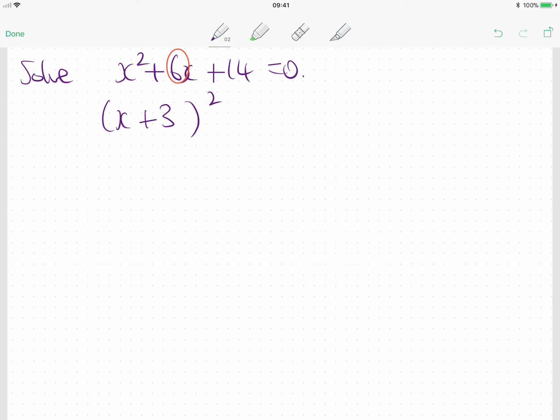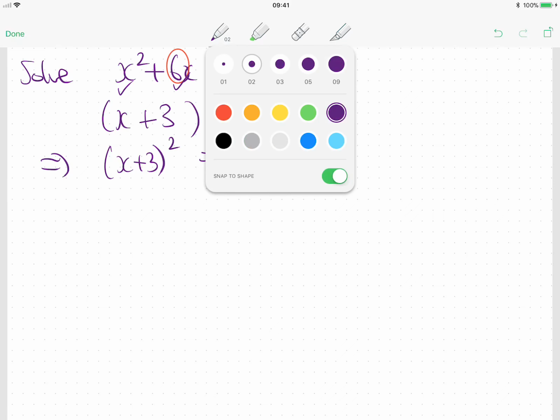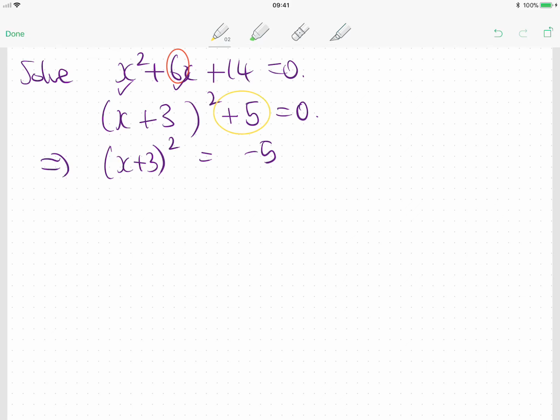Now if I square this bracket, I get x squared plus 6x plus 9. Well, I don't want 9, I want 14. So add 5. And now simply just rearrange. So I'm going to isolate x. So take the plus 5 to the other side, to minus 5.